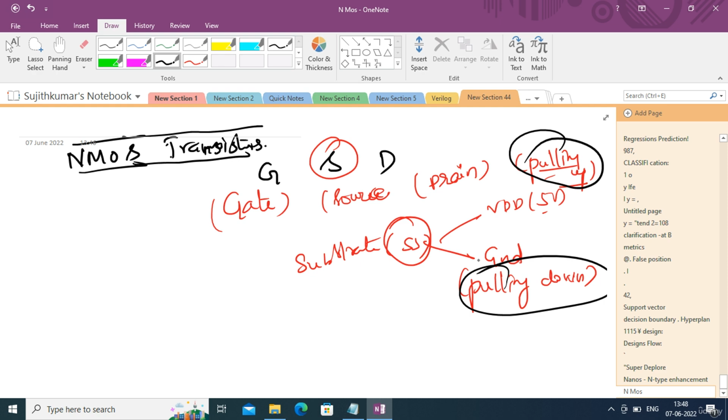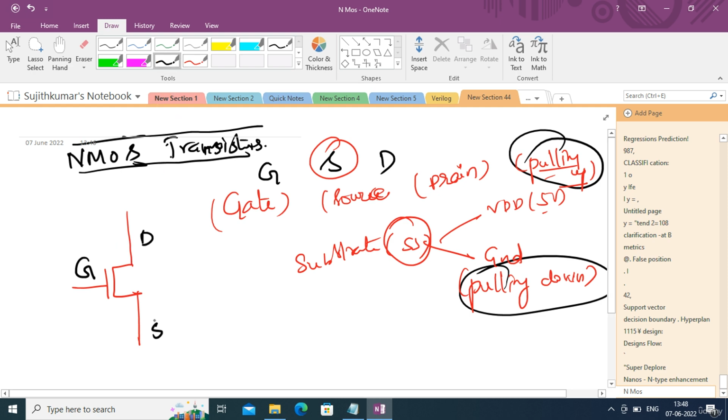So gate, source and drain are the three important terminals of any MOSFET transistor. If you draw the symbol of a NMOS transistor, it will become like this. Okay, where this is nothing but the gate, this is drain, this is source. Gate, drain and source.